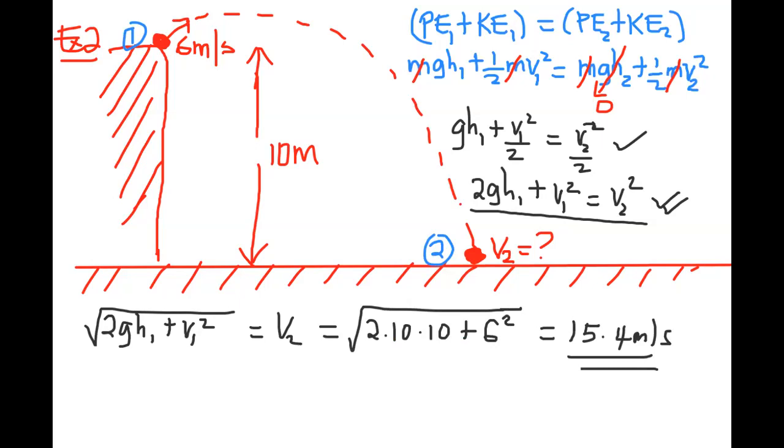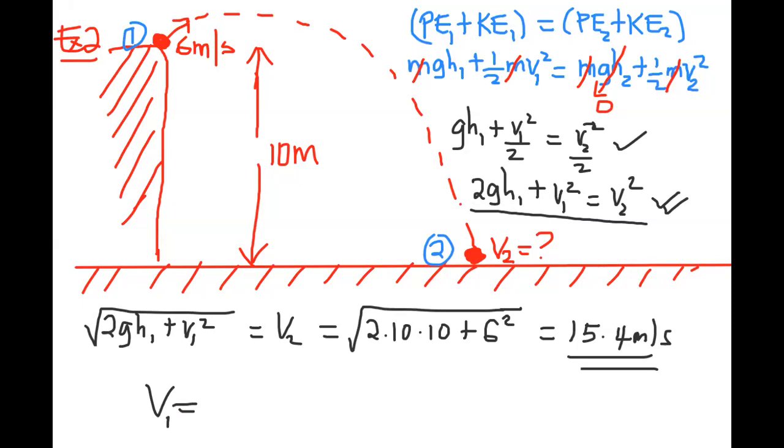All right. So I would like you to try a similar problem by starting with the initial velocity v1. I want to increase the speed and see what will be the effect of increasing speed on the striking velocity. So let's assume v1 is no longer 6 meters per second.